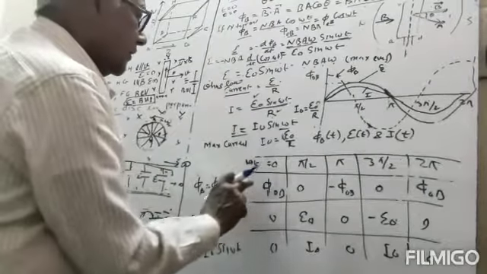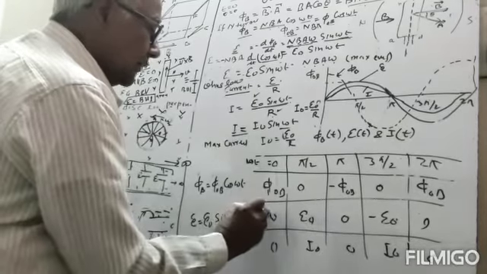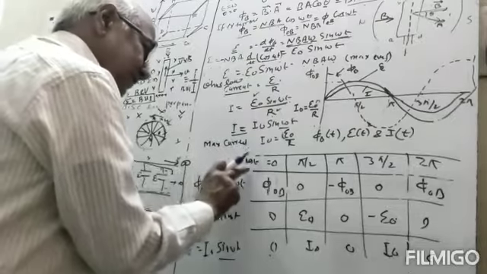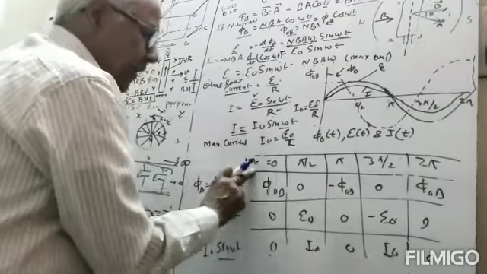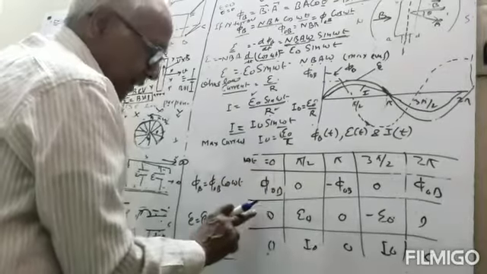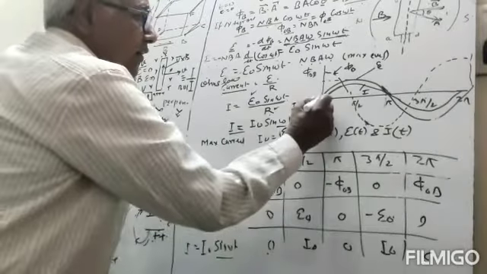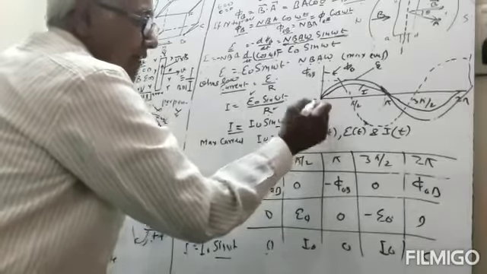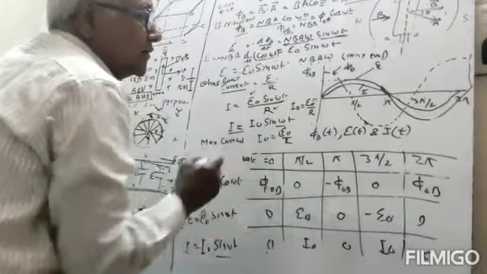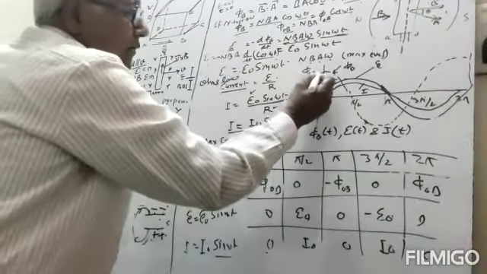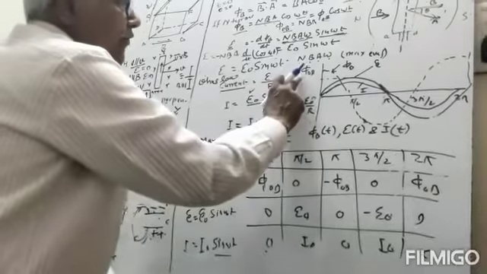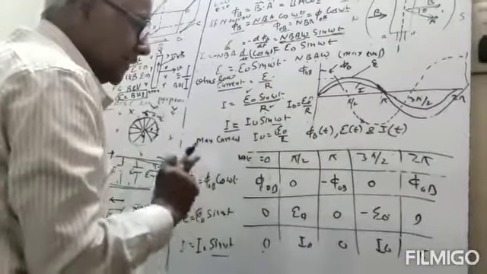Then sin 0 is equal to 0, so EMF will be equal to 0, and current is also 0. So when time t is equal to 0, flux is maximum, current is 0 and EMF is 0.